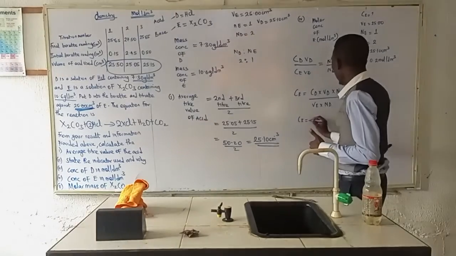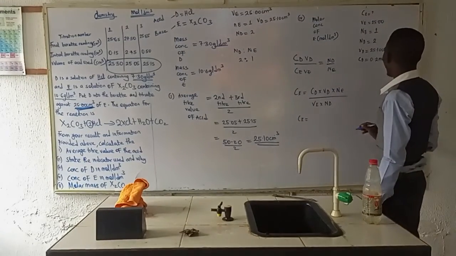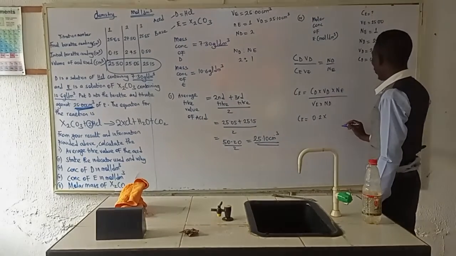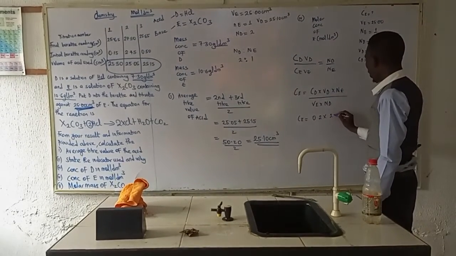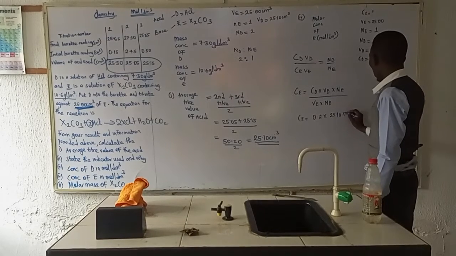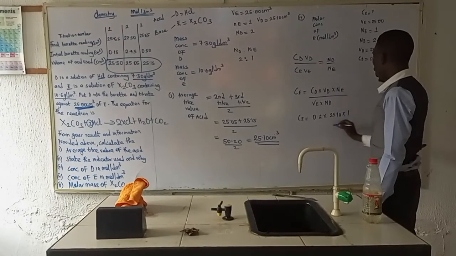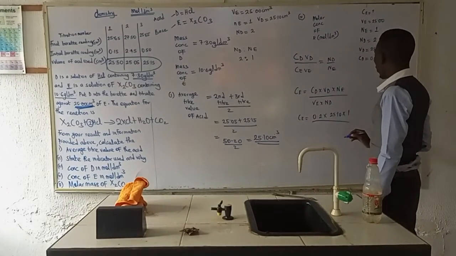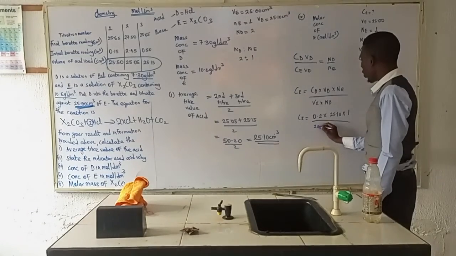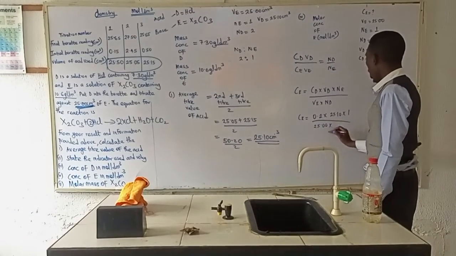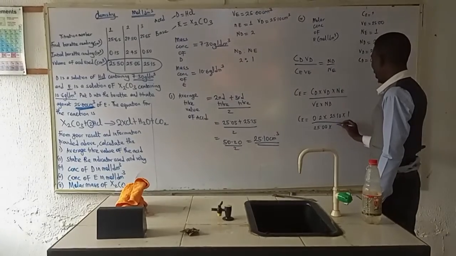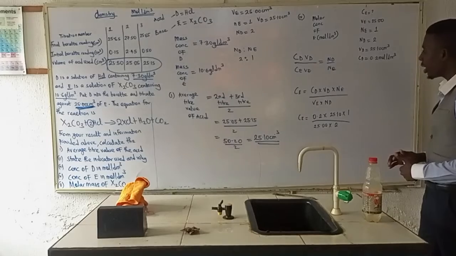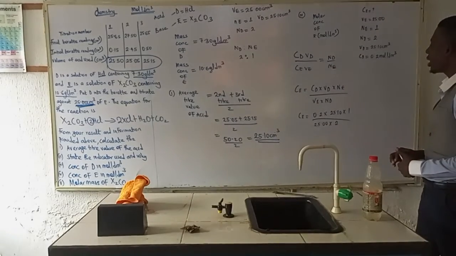Your concentration of E will now be: concentration of D is 0.2, volume of acid 25.10, number of moles of base 1, volume of base 25.00, and number of moles of acid 2. Remember that E represents base while D represents acid.